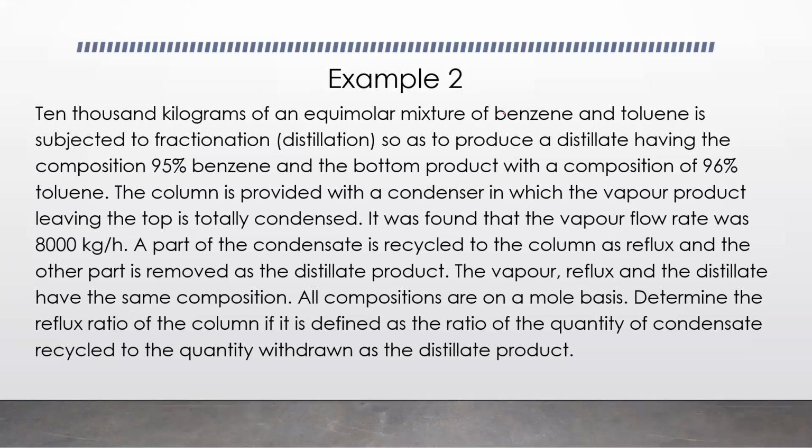It was found that the vapor flow rate was 8,000 kg per hour. A part of the condensate is recycled to the column as reflux, and the other part is removed as distillate product. The vapor, reflux, and distillate have the same composition. All compositions are on a mole basis. Determine the reflux ratio of the column if it is defined as the ratio of the quantity of condensate recycled to the quantity withdrawn.